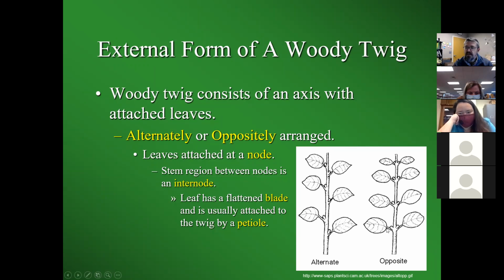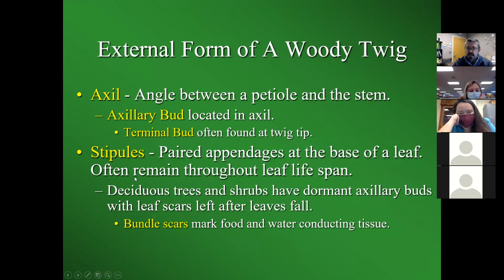Okay. Now, we're not going to get into this much because y'all are familiar with alternate and opposite. At the node, it all depends on if the leaves are coming directly opposite each other off the same node, or if you've got them coming off of different nodes, and that's alternating. Stipules are something that we've talked a little bit about, little things that sometimes poke out at the bottom of a leaf.